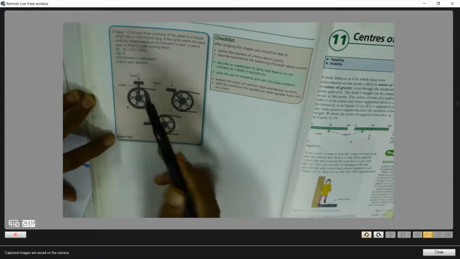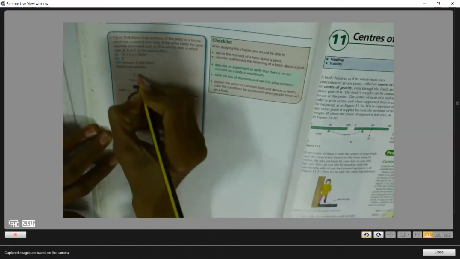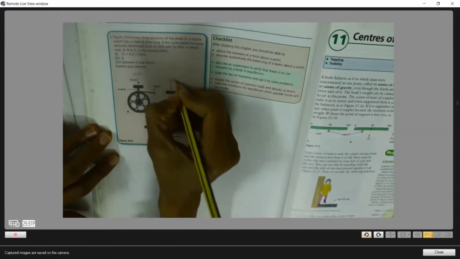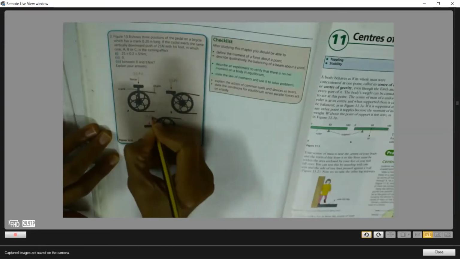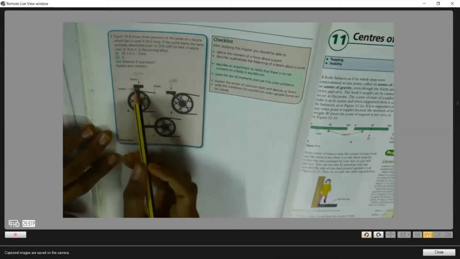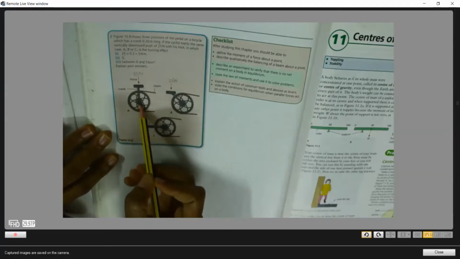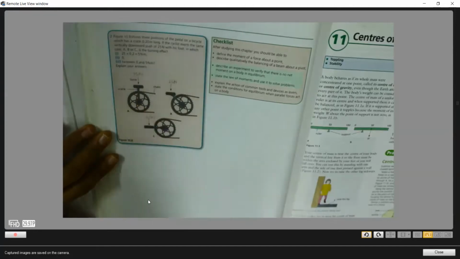Force is 25 Newton in all the 3 cases, and the crank is the same as well. Crank is what is joining the pedal with the center of the wheel.